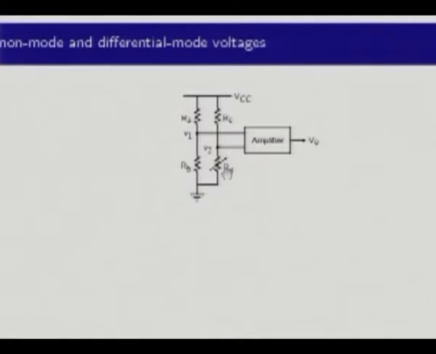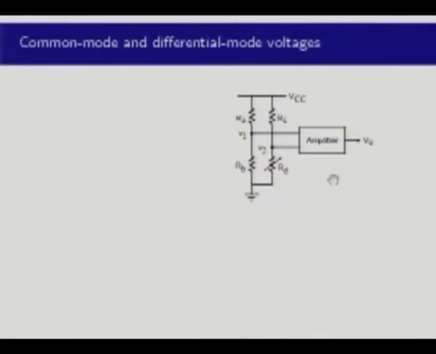For example, if it's a strain gauge, then this resistance is going to be mounted on the part that you're going to measure the strain of, and all these others are constant. This is a very commonly used bridge configuration. So let's look at common mode and differential mode voltages in the context of this common application.